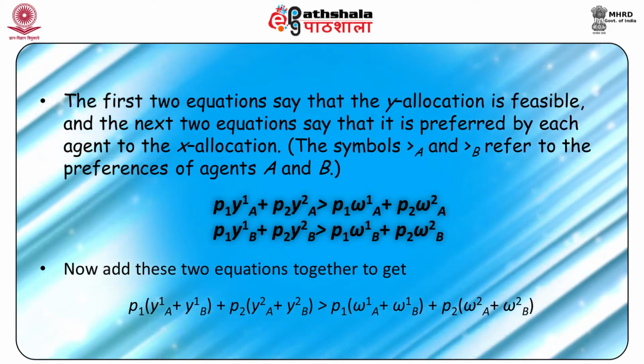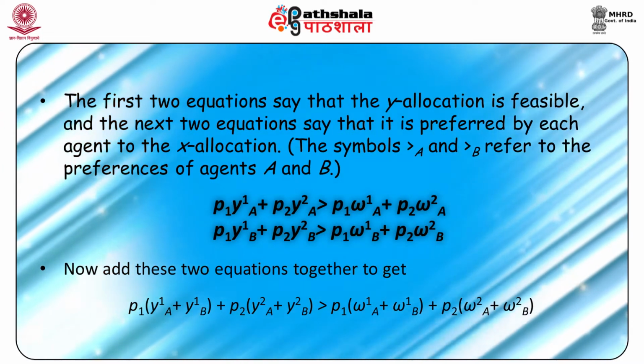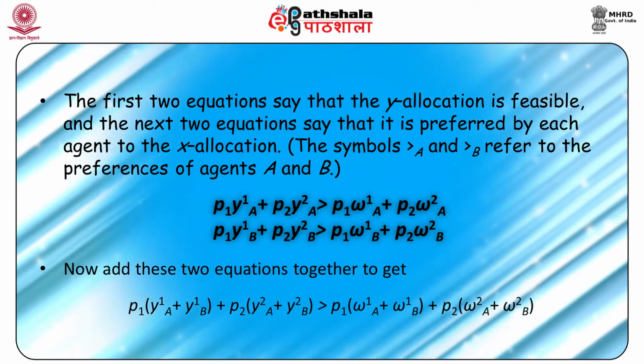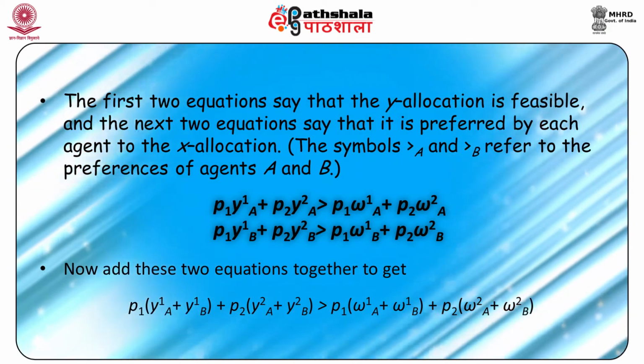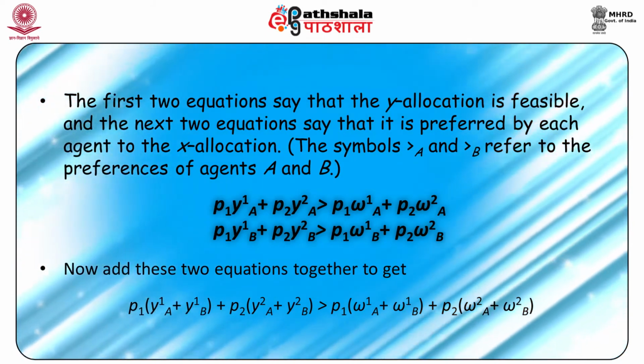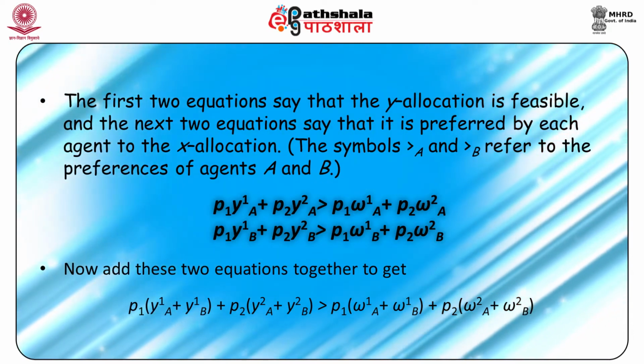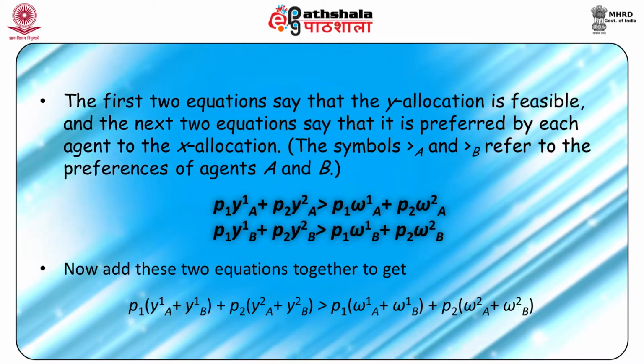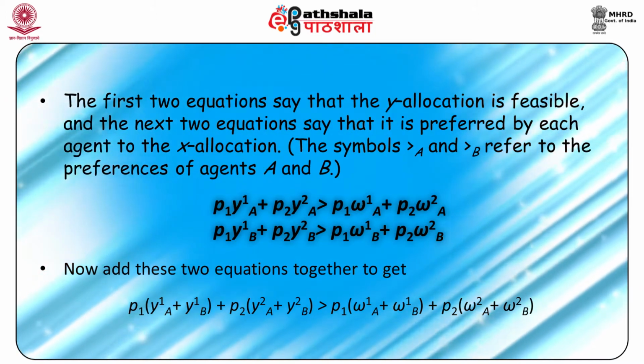That is, P1y1a plus P2y2a is greater than P1 omega 1a plus P2 omega 2a, and P1y1b plus P2y2b is greater than P1 omega 1b plus P2 omega 2b.